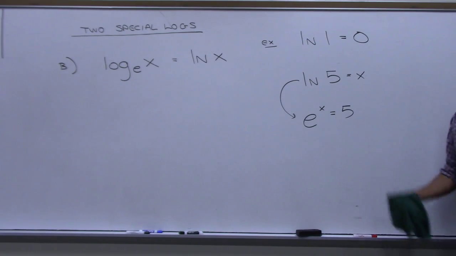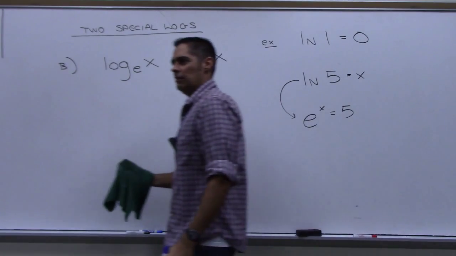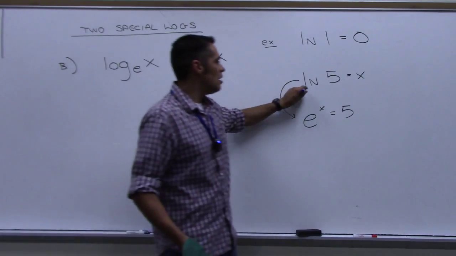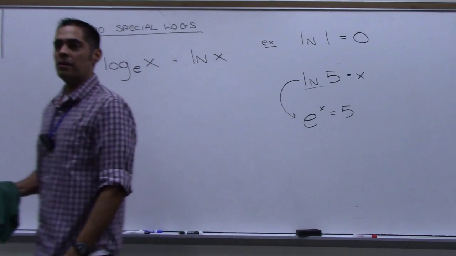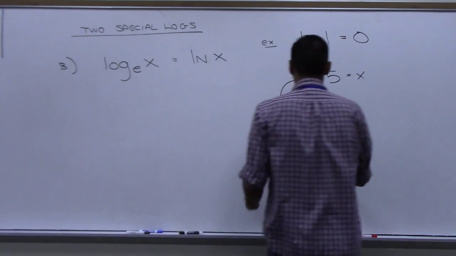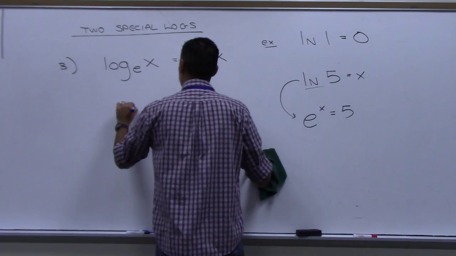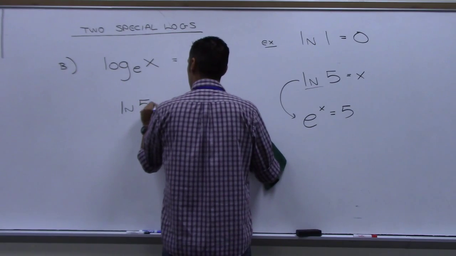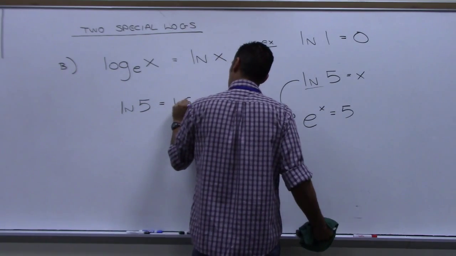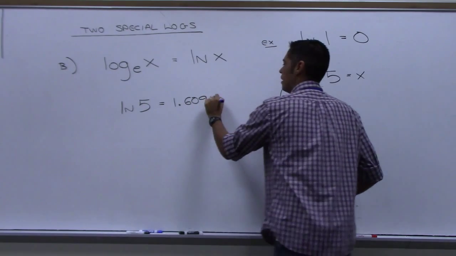Does anyone know what you raise e to to get 5? No? Does your calculator know? Yeah, you actually have a natural log key on your calculator, so you can just do the natural log of 5. Does it matter if the parentheses are on? Yes, it will. But see if you get 1.6094. Good enough. That's good.